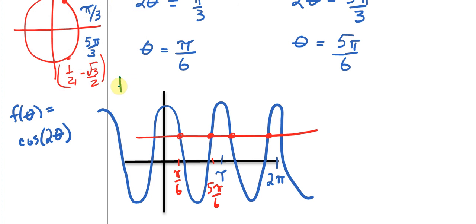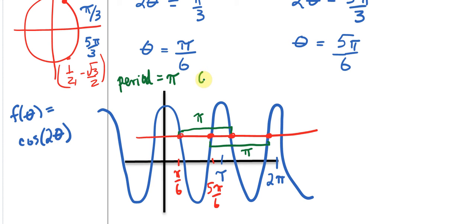We know that the period, instead of being 2 pi, is going to be 2 pi over 2, or pi. So we just add the period to each one of these solutions. From pi over 6, if we were to add pi units to it, we would get to this other point of intersection. And from 5 pi over 6, if we were to add pi to it as well, we would get the 4th solution here.